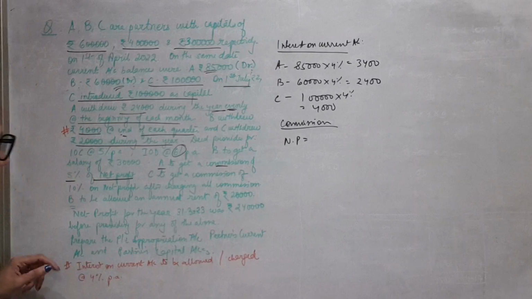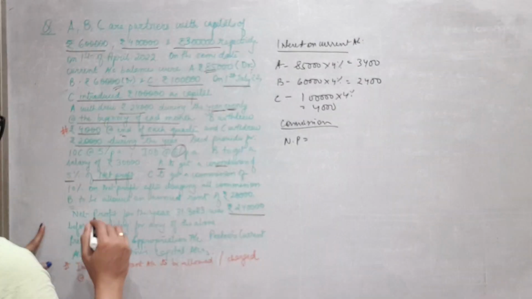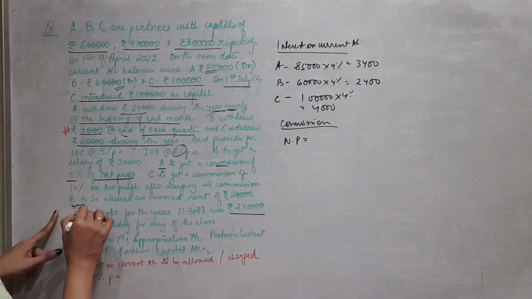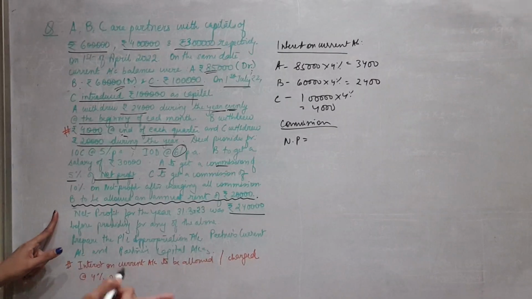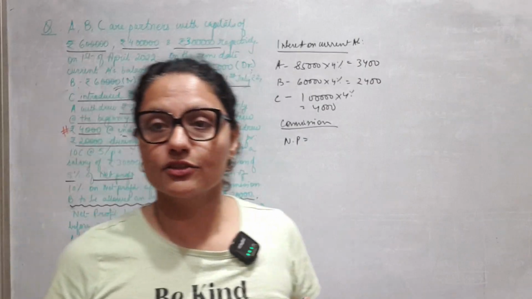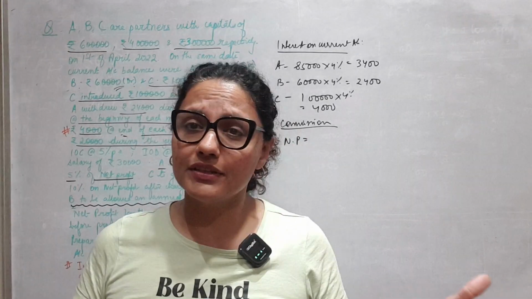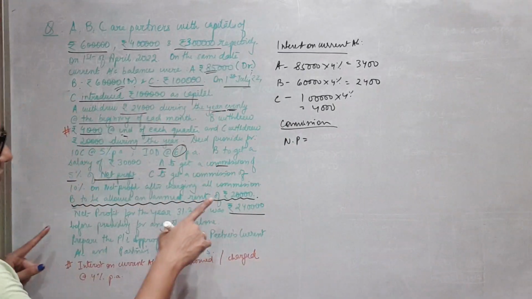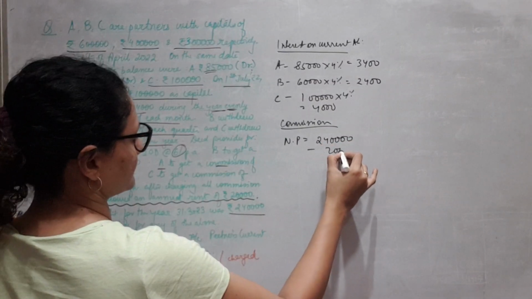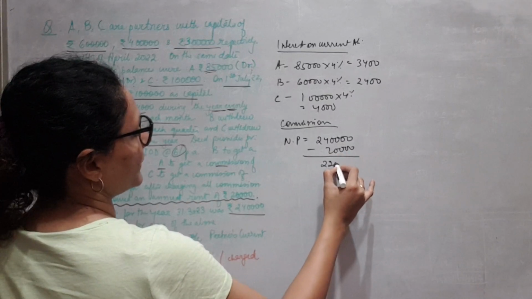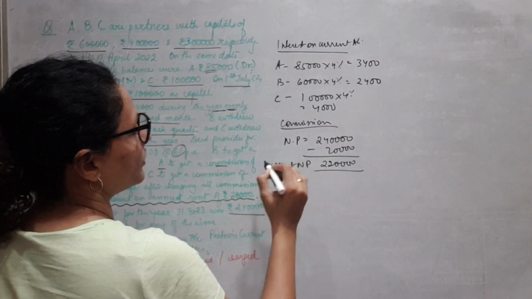Please remember that. The profit is given as 2,40,000, but it was before the rent. B is to be allowed an annual rent of 20,000. This is a charge against profit. This is the only thing which is a charge against profit. Rest everything, salary, commission to partner, interest on capital, current account, everything is appropriation. So this 20,000 needs to be subtracted from 2,40,000, and 2,20,000 is the correct net profit.